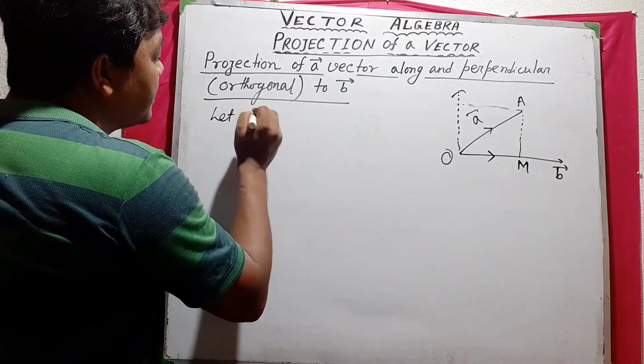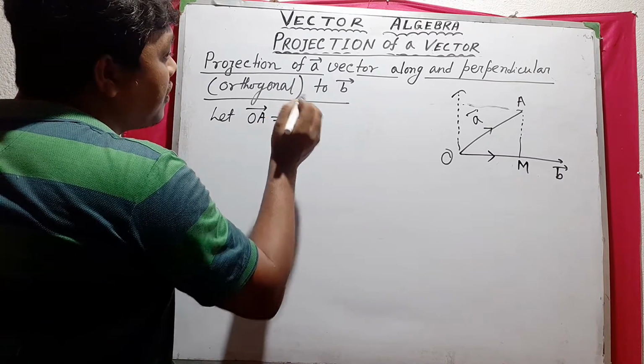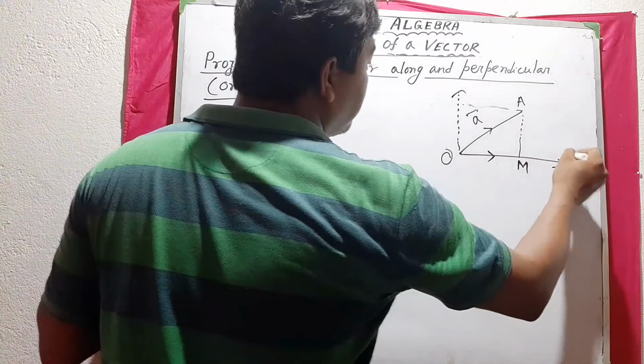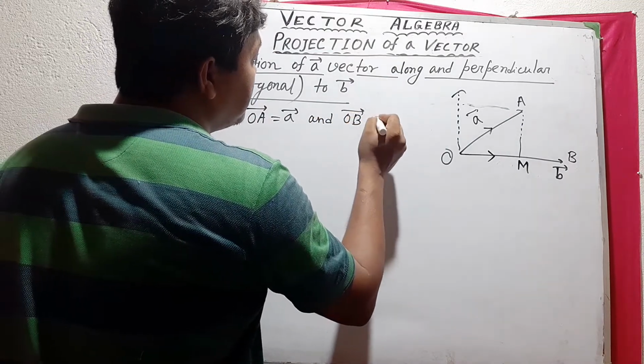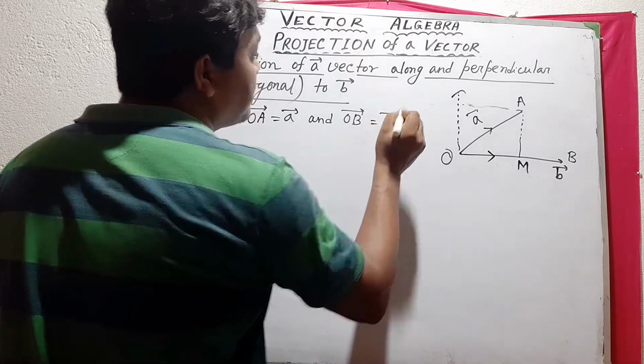Let OA be a vector and OB be equal to B vector.